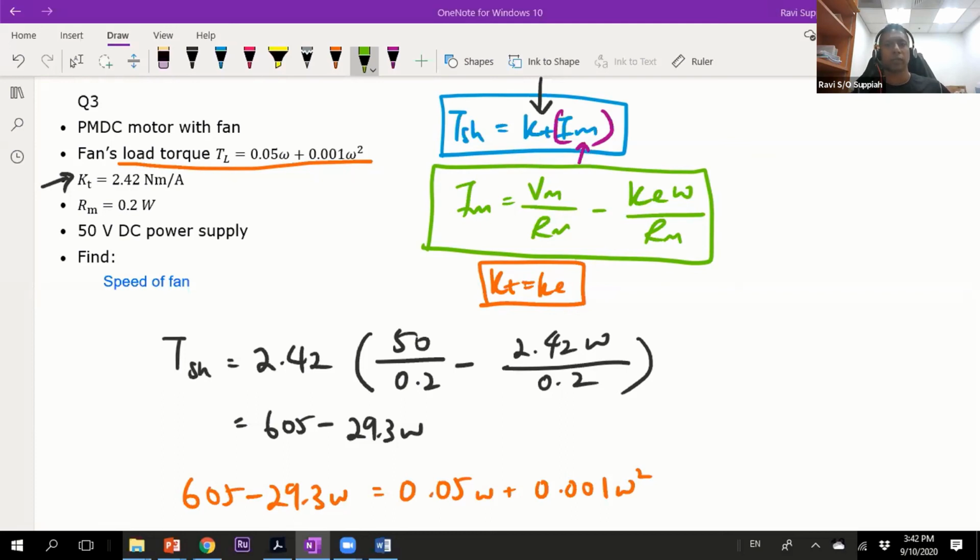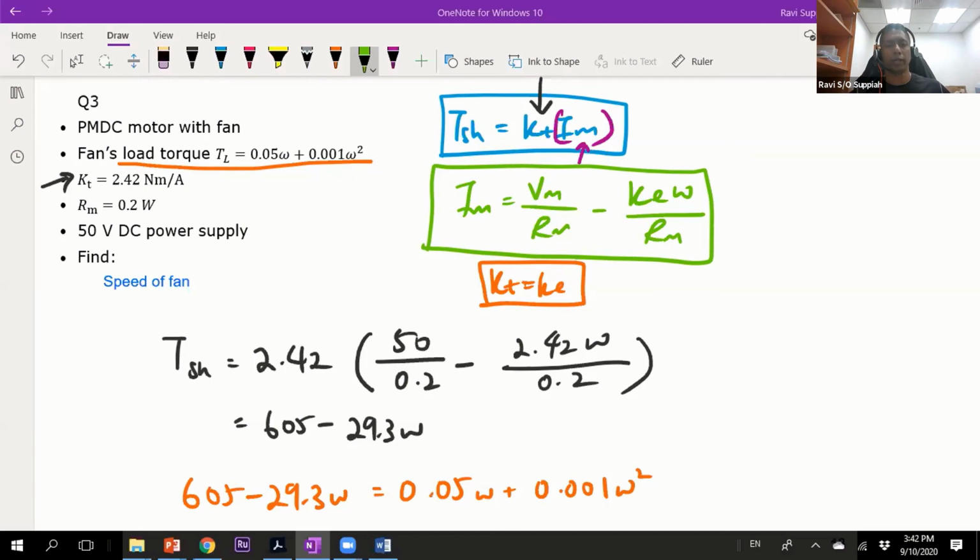Generally in most cases they are always the same, because the load is coupled to the shaft of the motor. For example, in a geared operation the torque might change, so the torque of the shaft and the torque experienced by the load may differ. But here we did not go through the geared operation.